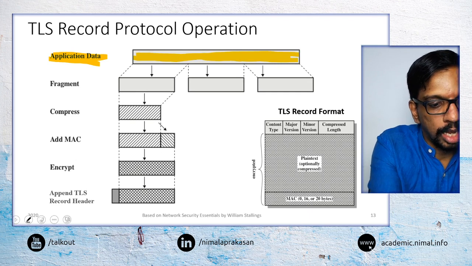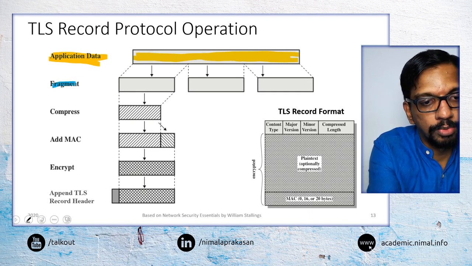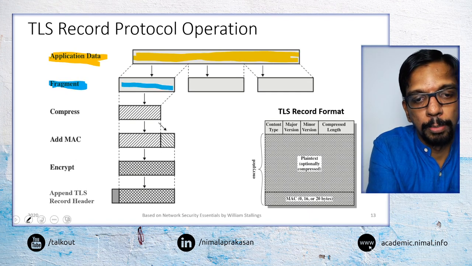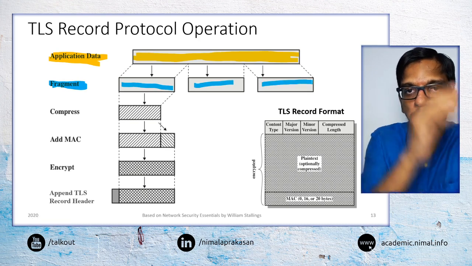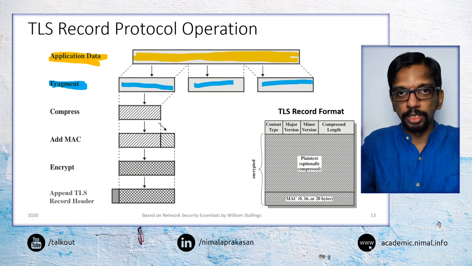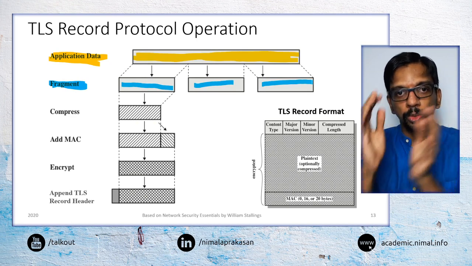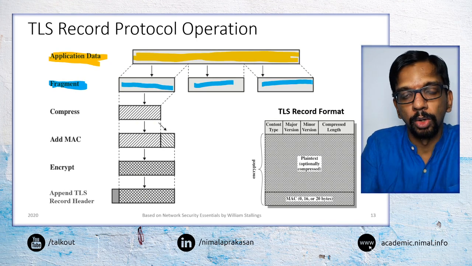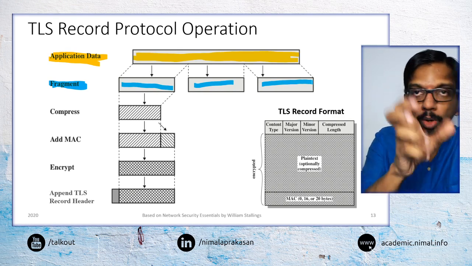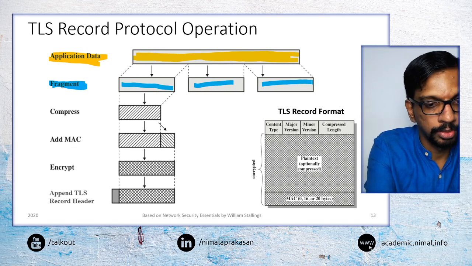Then that application data will have to be fragmented into a number of pieces. We have to break that down into smaller chunks, so that the TLS record protocol operations can be performed on each of those chunks.